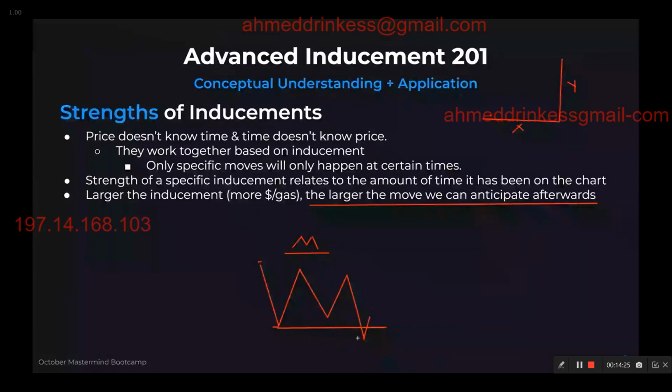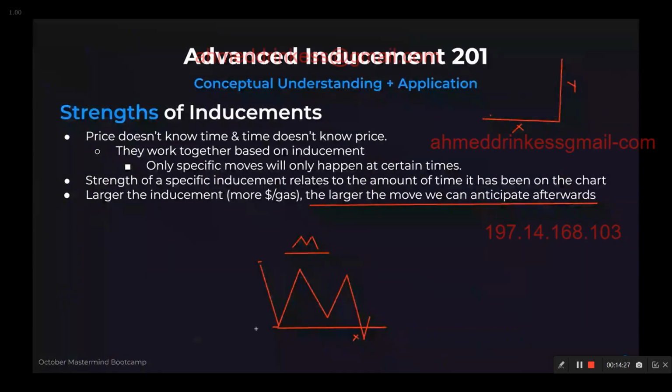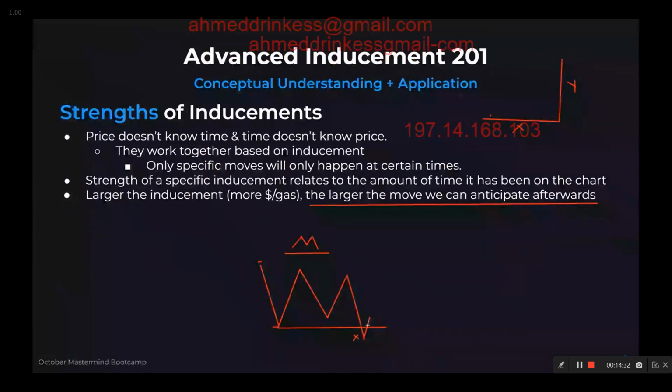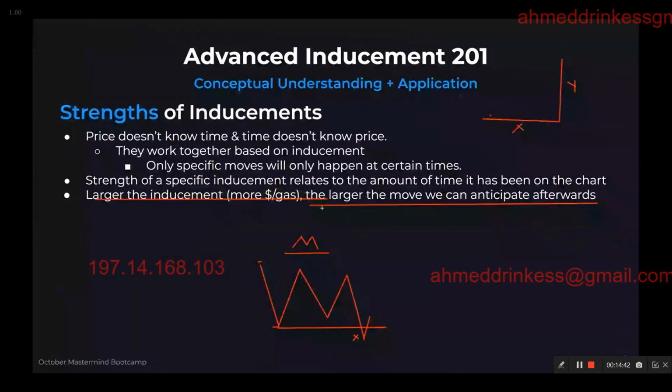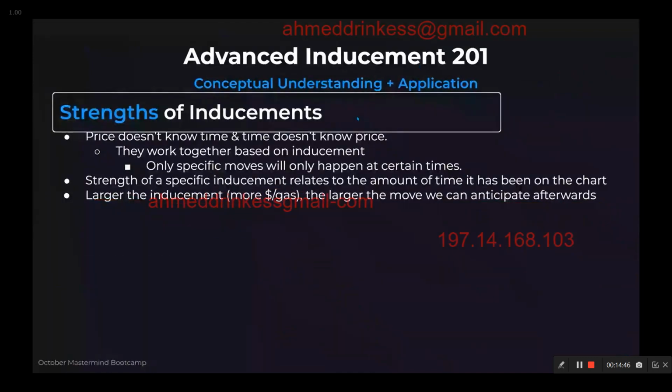GU did not mitigate an order block. Now we don't have any reference to the left because it's already made these all-time lows, right? So now it just took enough liquidity to go higher. With that being said, the strength of inducement is again related to the time frame that it's on. And we're about to understand that on the next slide.